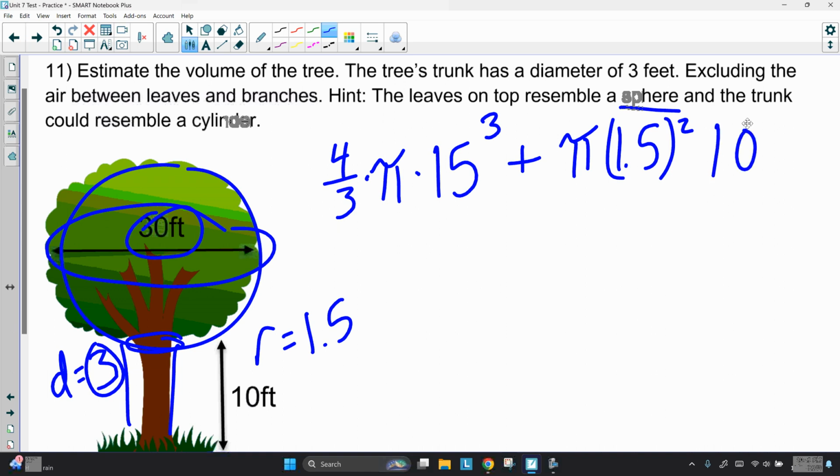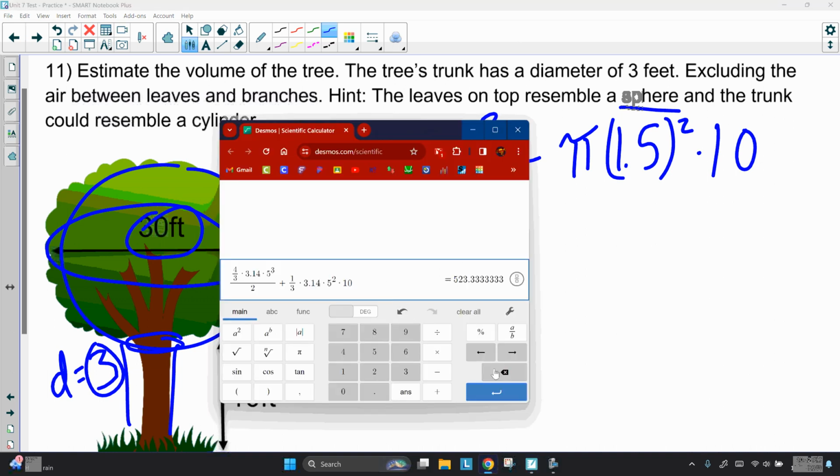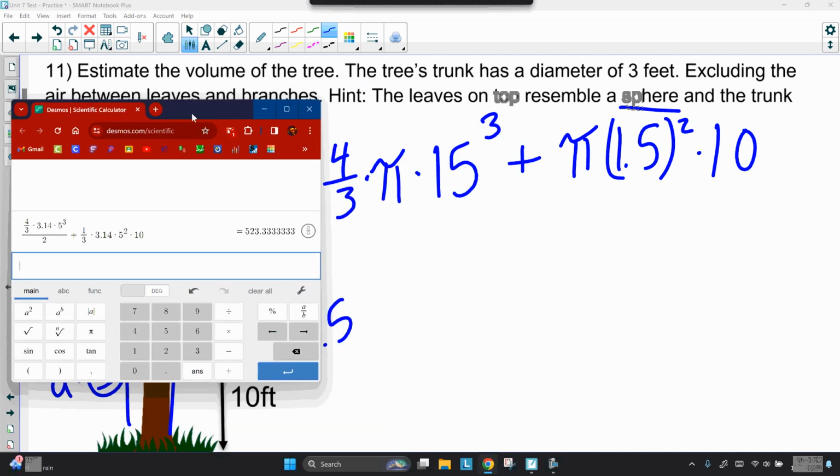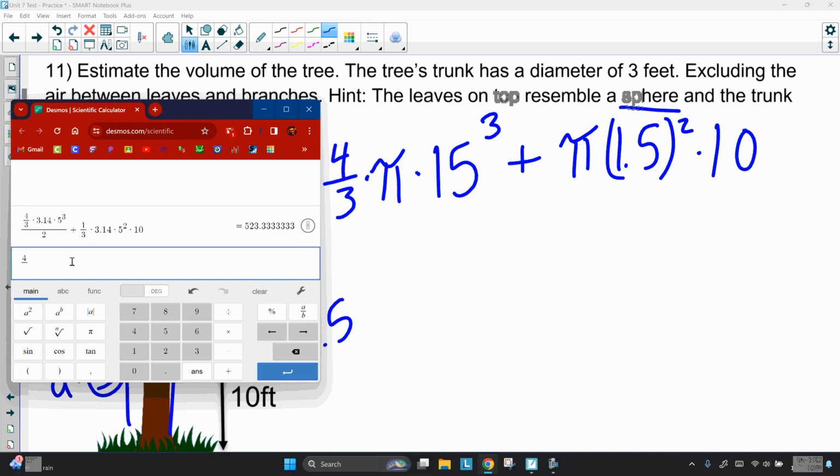I'm simply going to pull up Desmos. I'm going to hit enter to make me some space. So 4 divided by 3, scroll over. Pi, again, remember 3.14 as the directions told us, times 15 to the third power. Perfect.